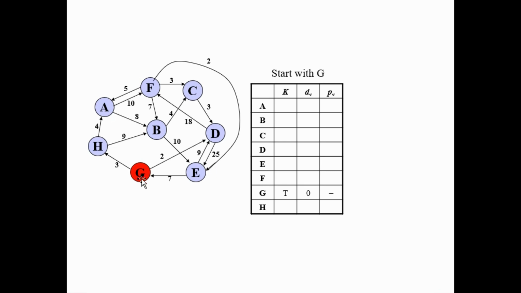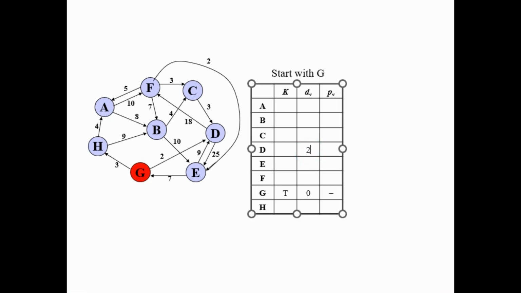So we will calculate the distances from G to D and from G to H. From G to D the distance is 2, or the cost is 2. So the column here at D will be filled with 2.